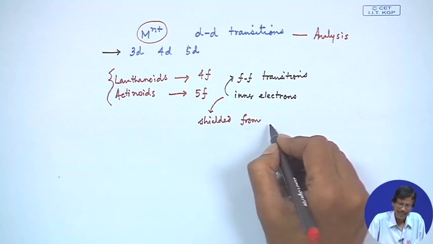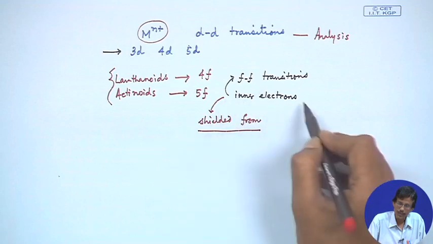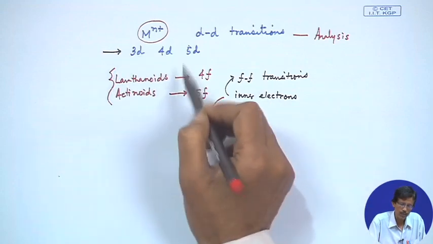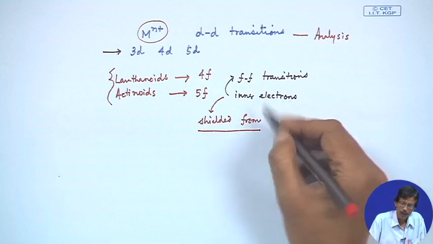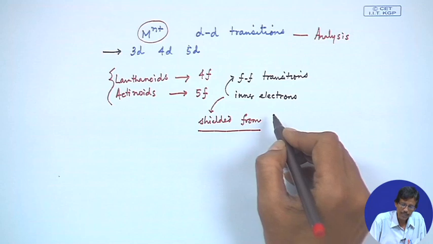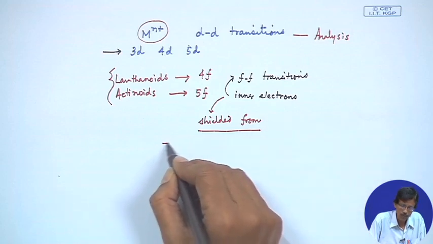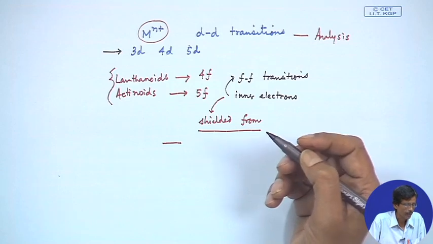These are inner electrons which are shielded by the outer electrons, say that of d electrons, and then the reagents or species surrounding them. That gives good information by seeing the nature of that particular transition.